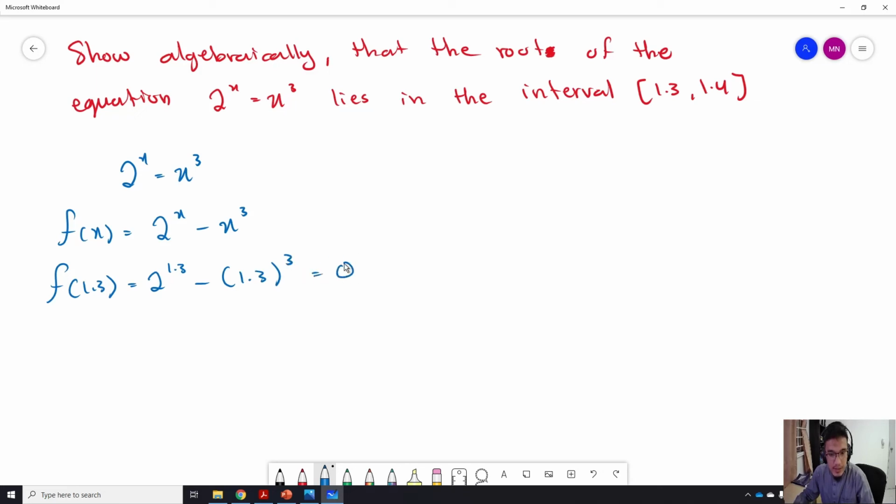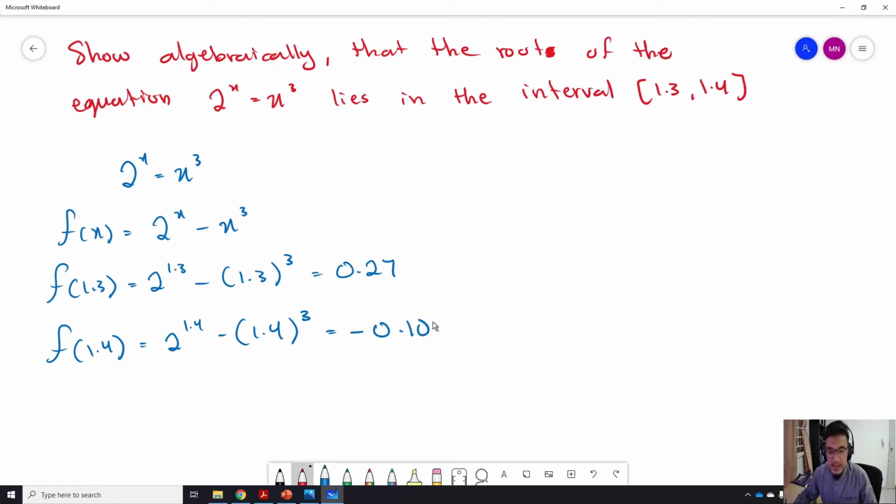So that gives us 0.27, and f(1.4) equal to 2 power of 1.4 minus 1.4 power of 3, and that gives us negative 0.10.